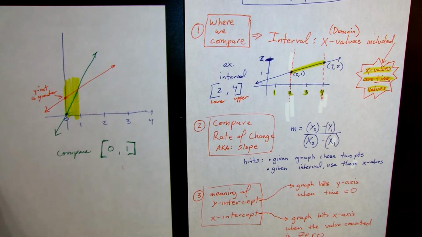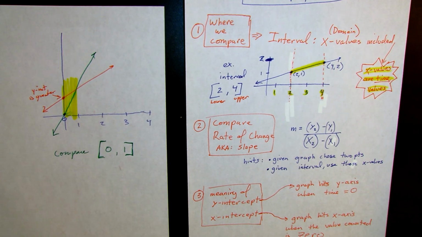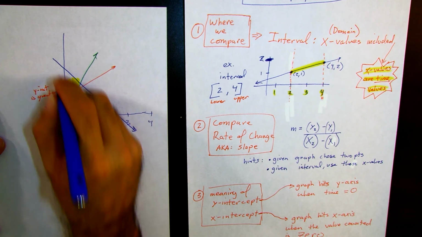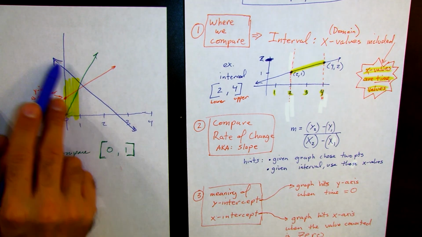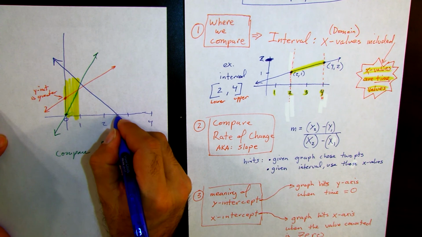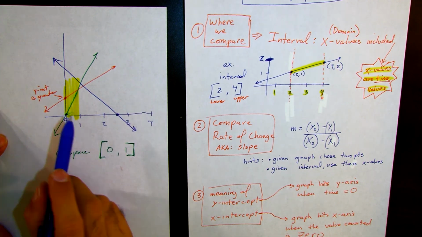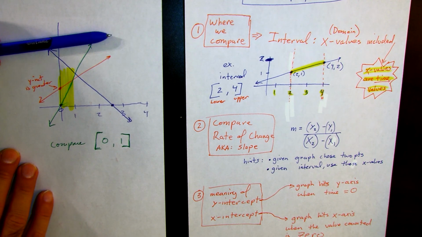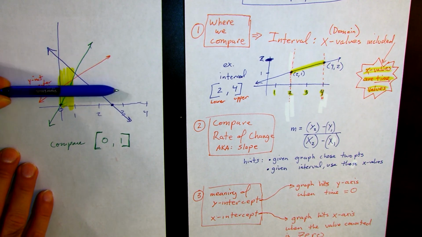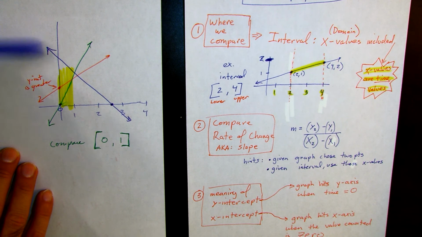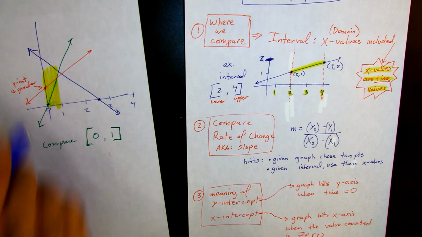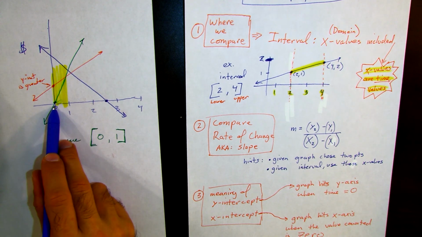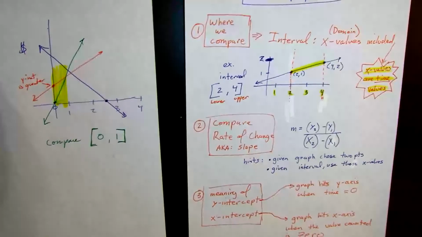So if I added another line here, first of all, this is decreasing. It's going downhill. And this value right here says, if I was counting bunnies or money, this was money, when it crosses the x-axis, that's when your money is 0.